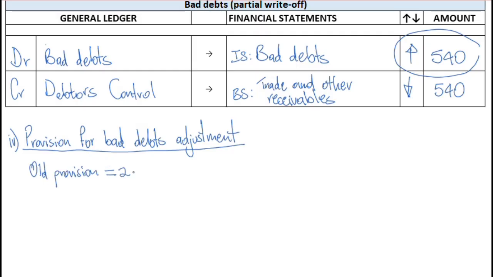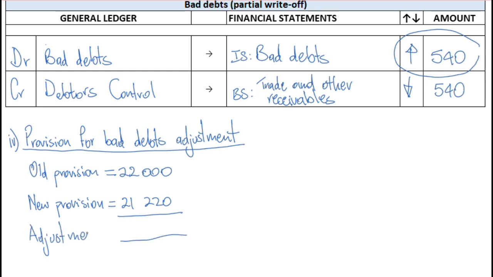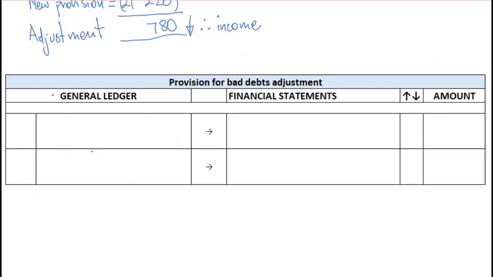When we compare the two amounts, we realize that there is a difference of 780 rands, which means that the old provision is being reduced by 780 rands. This is good because it means that the company is expecting to write off less debt than before. Because the provision for bad debts account is a negative asset account, it decreases on the debit side.